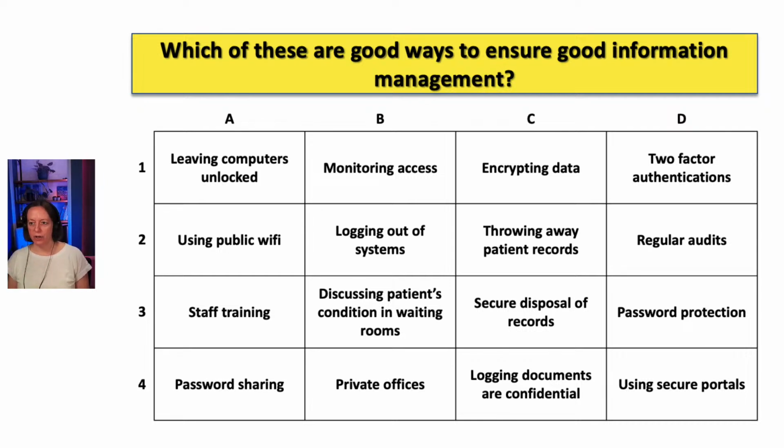So how many of those are good information management principles or practices? You don't need to do them all at once. As soon as you see one, just write in C1, for example, and so on. I'm going to look through.